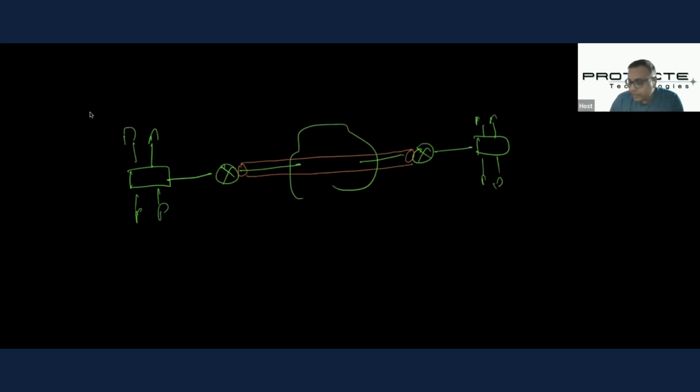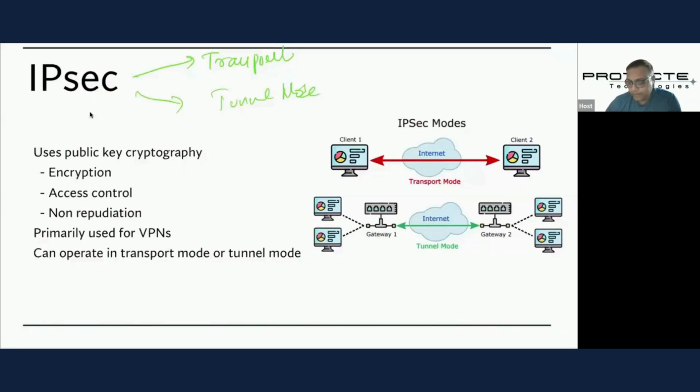And whatever data is going inside this tunnel will get encrypted. Since there is no routing involved, the packets will be encrypted up to this edge. Beyond this, they will be in an unencrypted form. This is called tunnel mode. Generally, questions come for IPSec tunnel and transport mode. You need to know, and that's why I explained that.